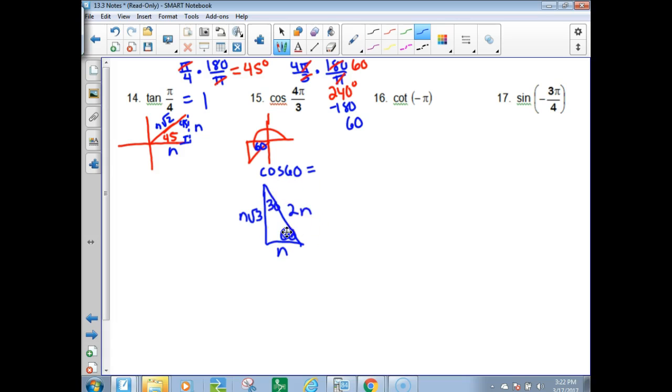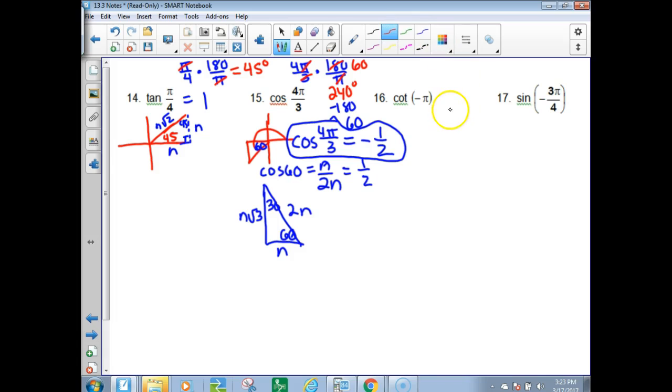So the cosine of 60 is adjacent over hypotenuse, that's n over 2n, which is 1/2. Now we have to remember what quadrant we're in. So, cosine of 4 pi over 3. All Students Take Calculus. Cosine is negative in quadrant 3, so this has to be negative 1/2. There's finally our answer.